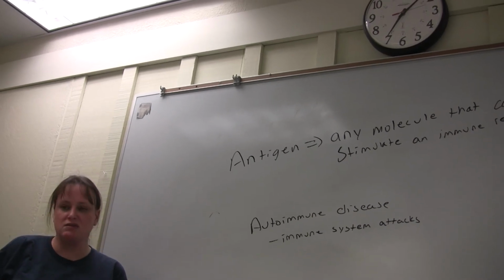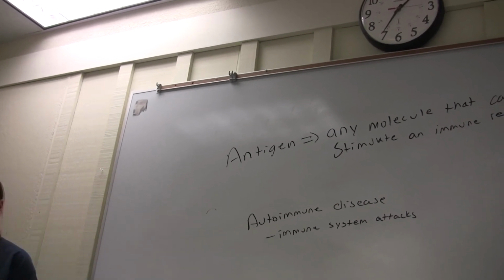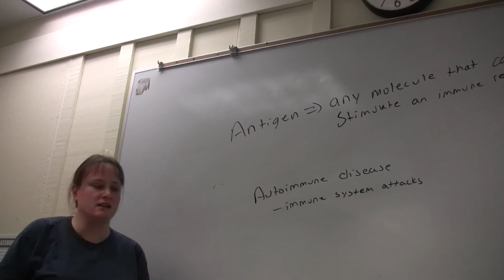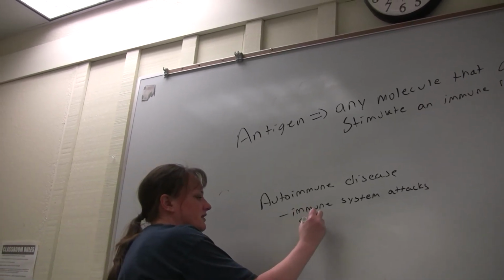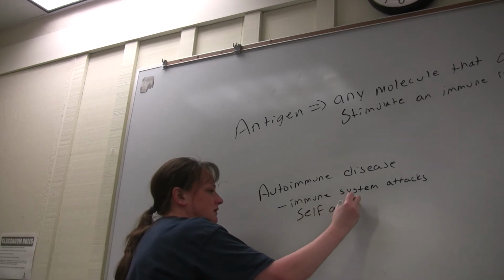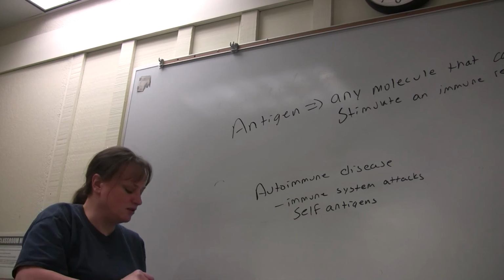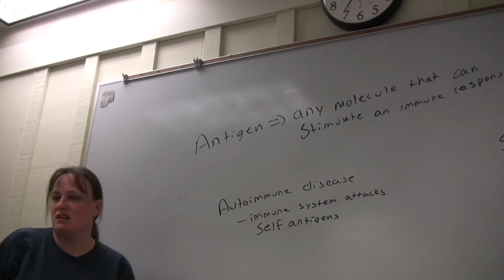So what is the immune system attacking in an autoimmune disease? Own body. Yeah, your own body. So I'm going to put in here self-antigens. It goofs up and attacks something in your own body that it shouldn't.